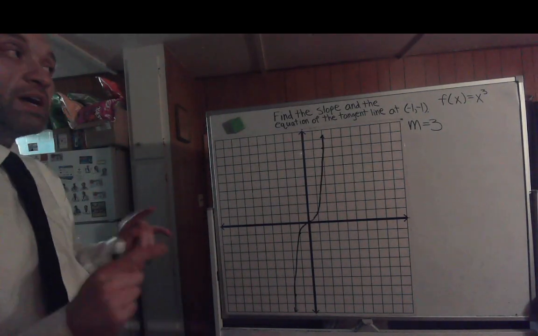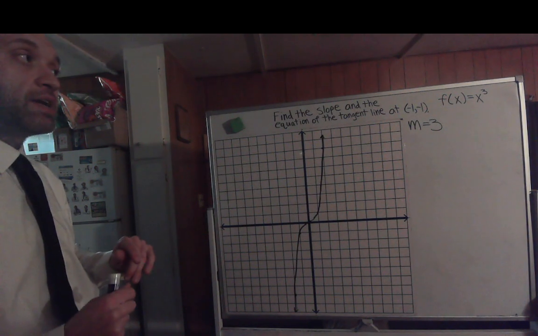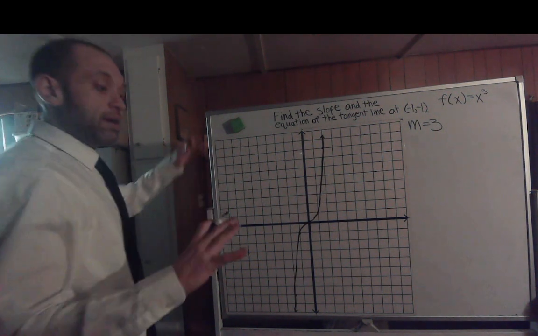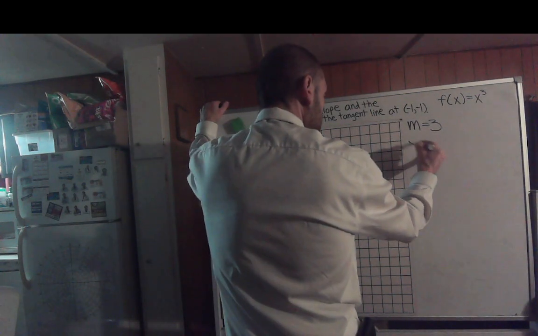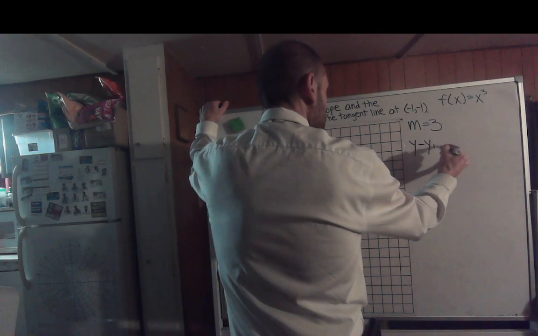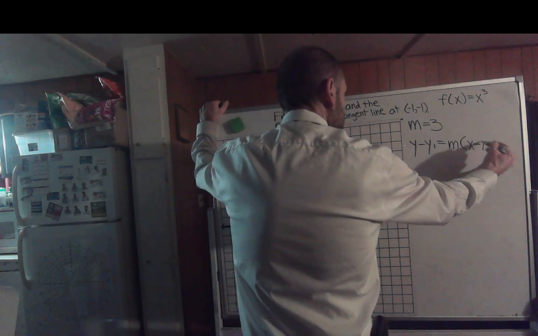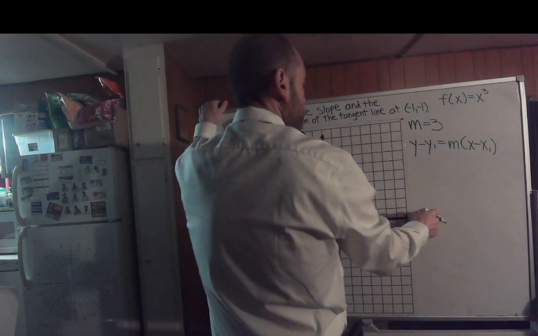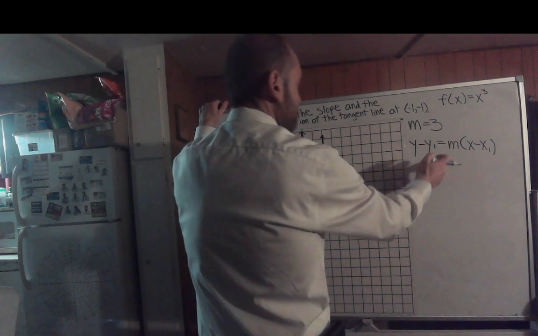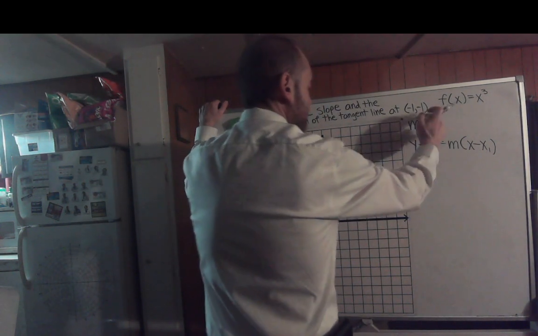So, how do we find the equation of the tangent line? Remember back from algebra, the equation of a line is y minus y sub 1 equals m times x minus x sub 1. So you got m being your slope, and then you have y minus the point, and then x minus the point.